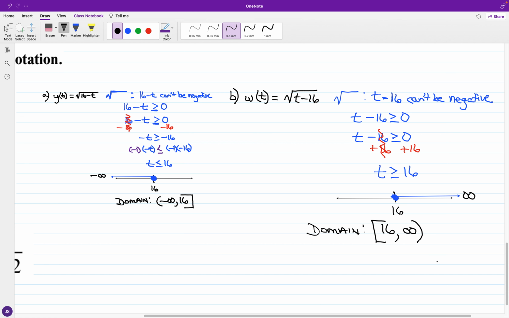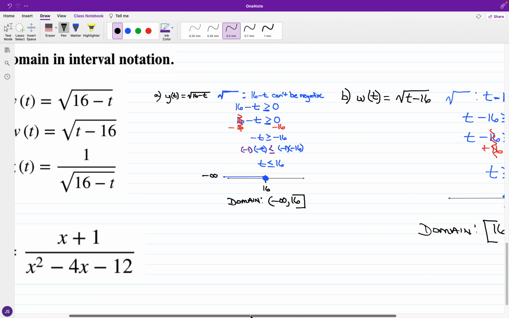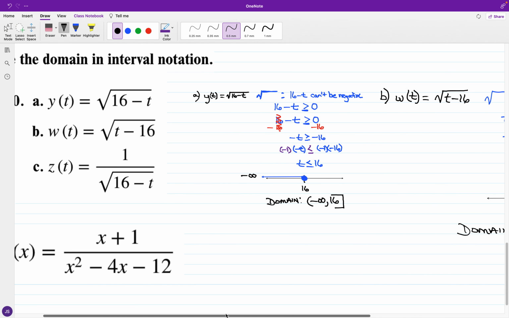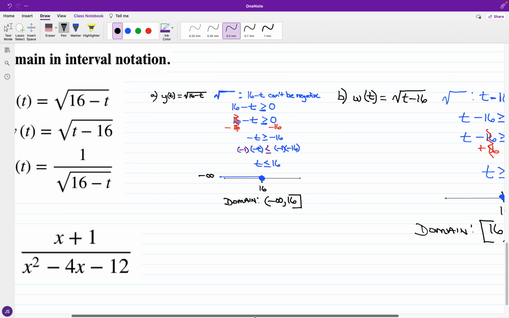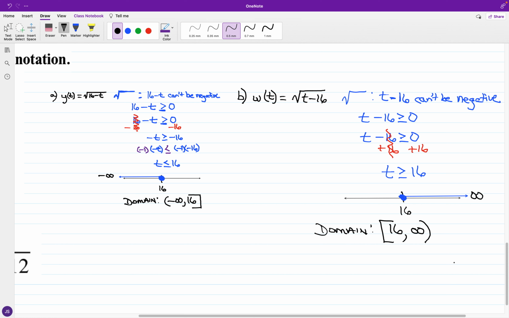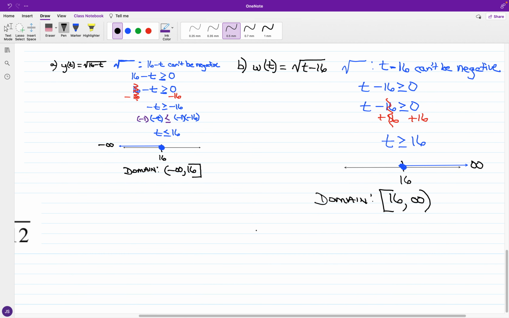All right, now for part C, we have z of t, and this is going to be the reciprocal of y of t. So z of t is equal to 1 over the square root of 16 minus t.